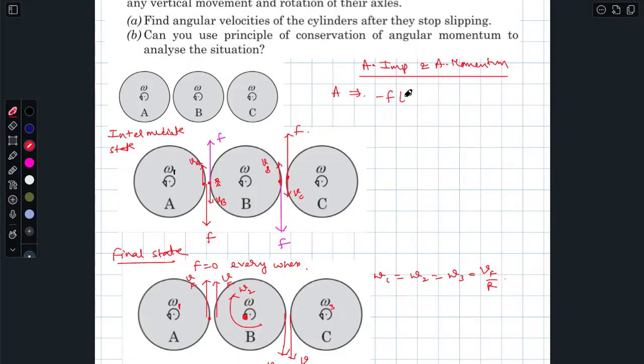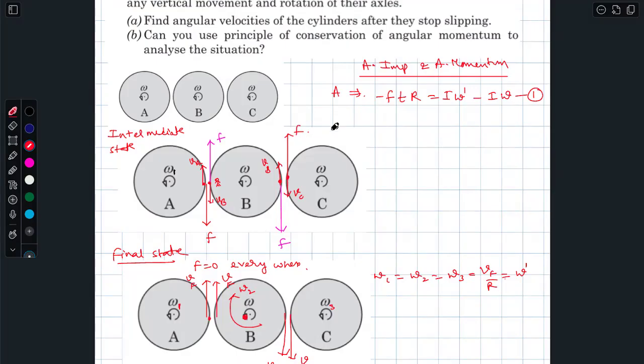Minus F into T into R is equal to, we will call this some omega dash, I omega dash minus I omega, equation 1. Agreed? Boys and girls.